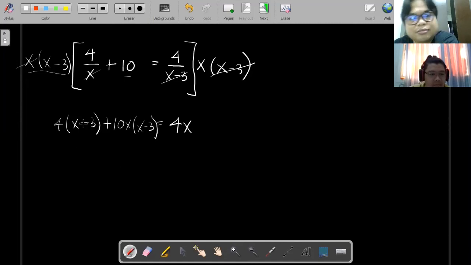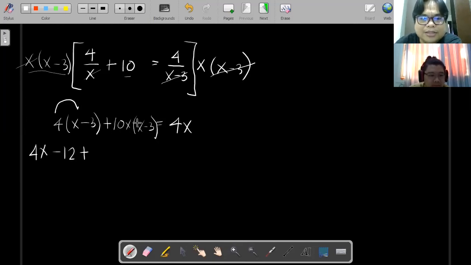And then after that, you distribute this to here, the distributive property. 4 times x becomes 4x. And then 4 times negative 3, you have minus 12. Then plus 10x times x, you will have x squared. Then 10x times minus 3, you have minus 30x equals 4x.